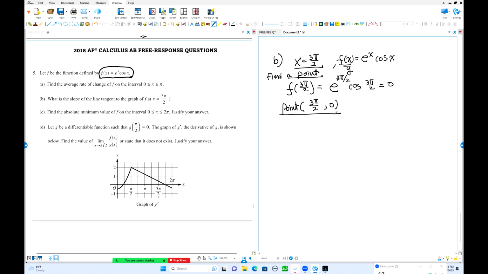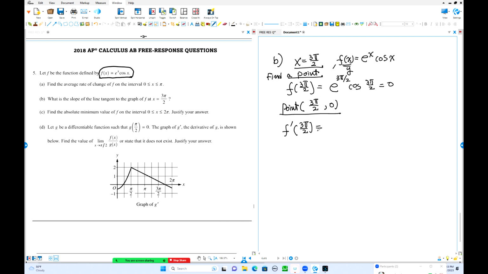Now next we need the slope at this tangent point. The slope of the tangent line is the derivative, isn't it? f prime of 3 pi over 2 is the slope of the tangent.